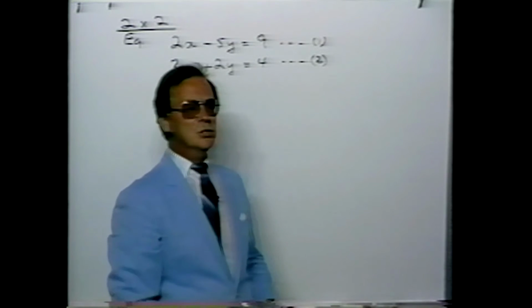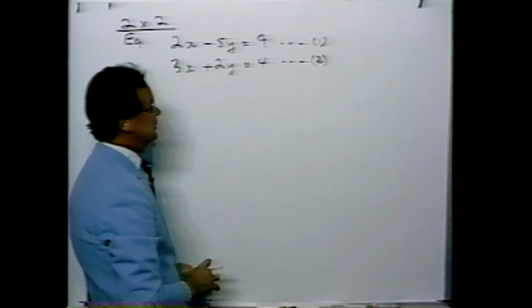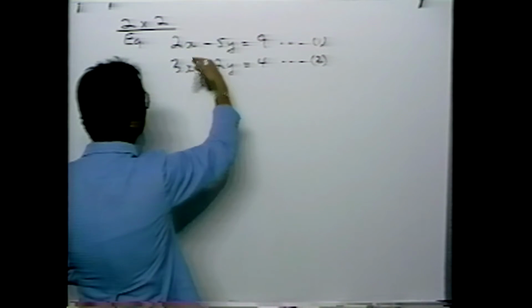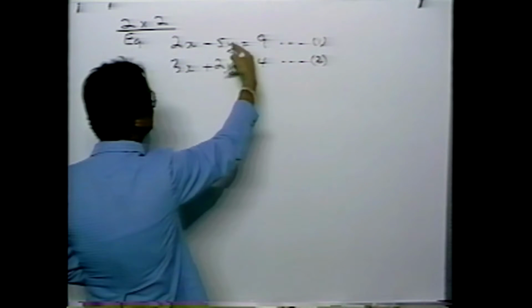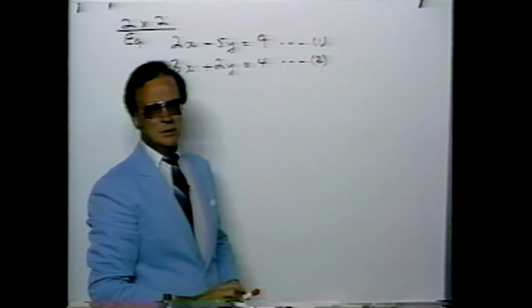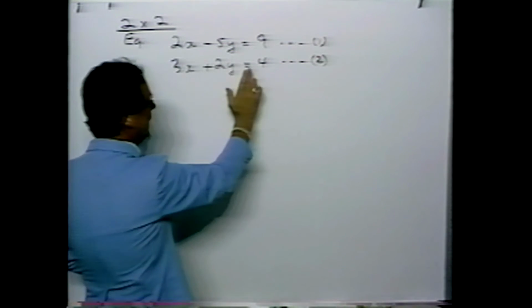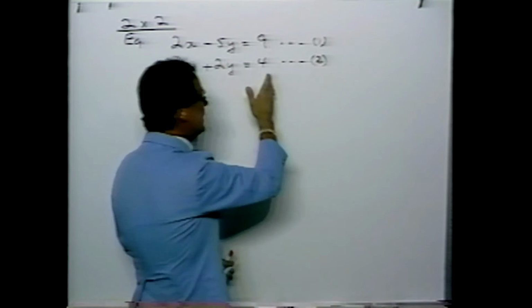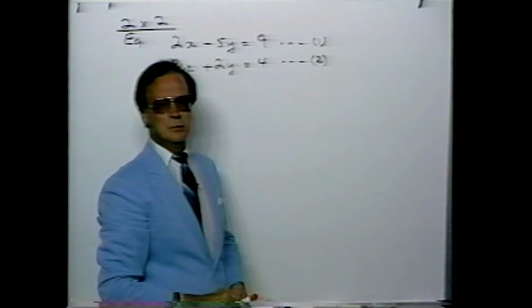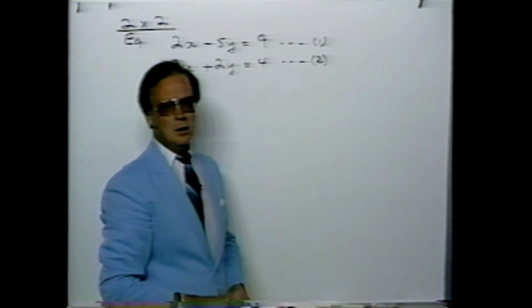One essential part of the procedure is to make sure that the variables in x and the variables in y are lined up as I have listed them, followed by an equal sign, and then the constants on the other side. Follow this procedure for all problems dealing with systems of equations.